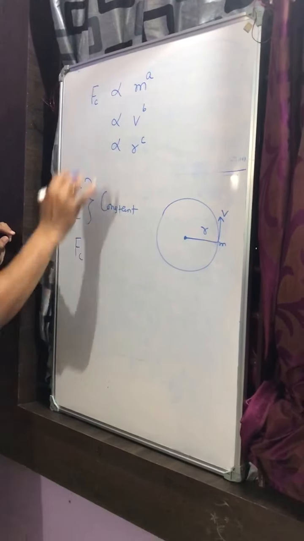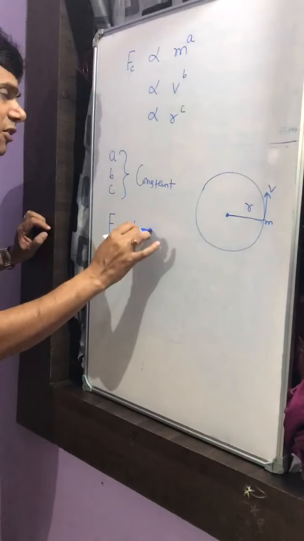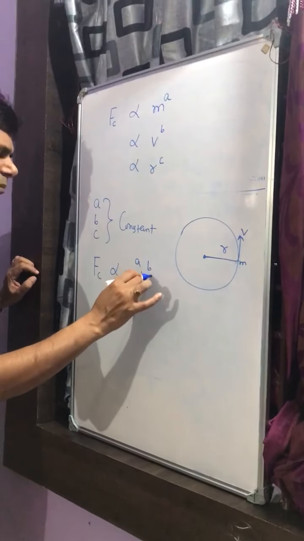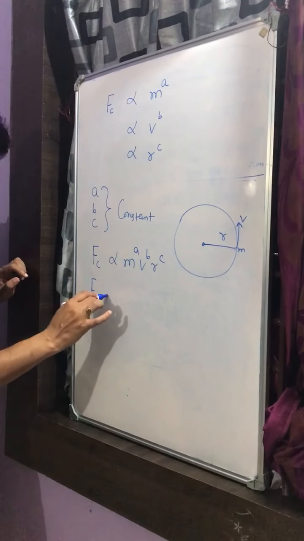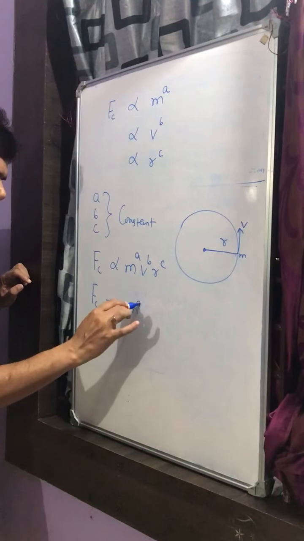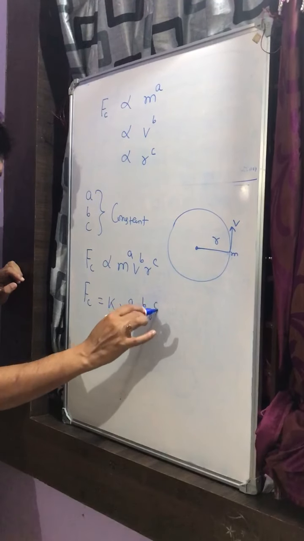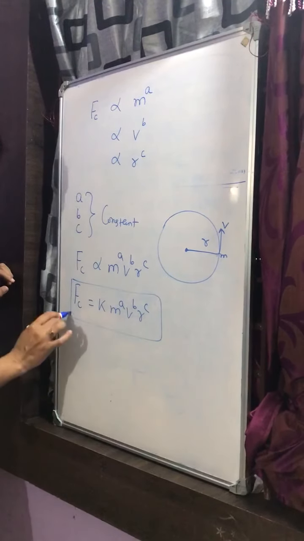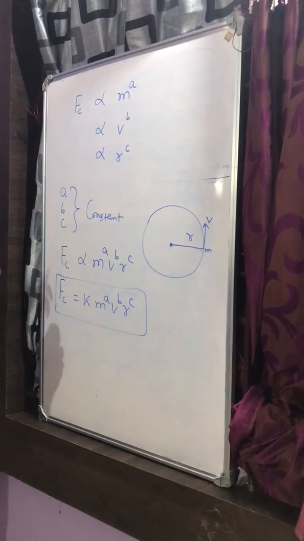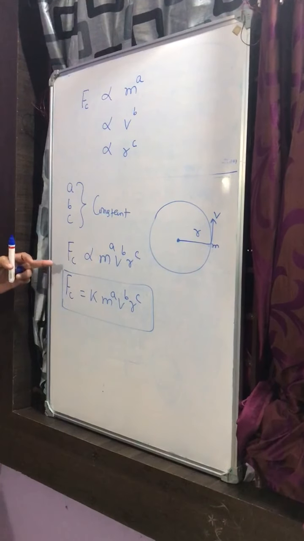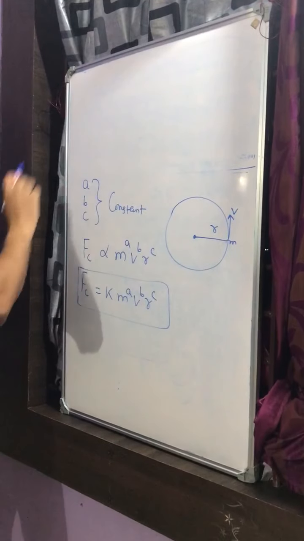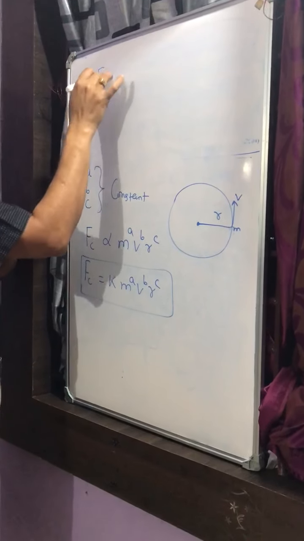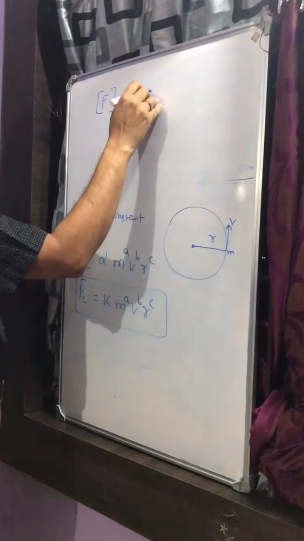So if we combine, we will get Fc equal to m to the power a, v to the power b, r to the power c. And if I equate, I will get some constant k times m to the power a, v to the power b, r to the power c. Now you see, I assume that this formula is correct. Once I assume this, then I have to find out the dimensions of the left side, also the dimensions of the right side.